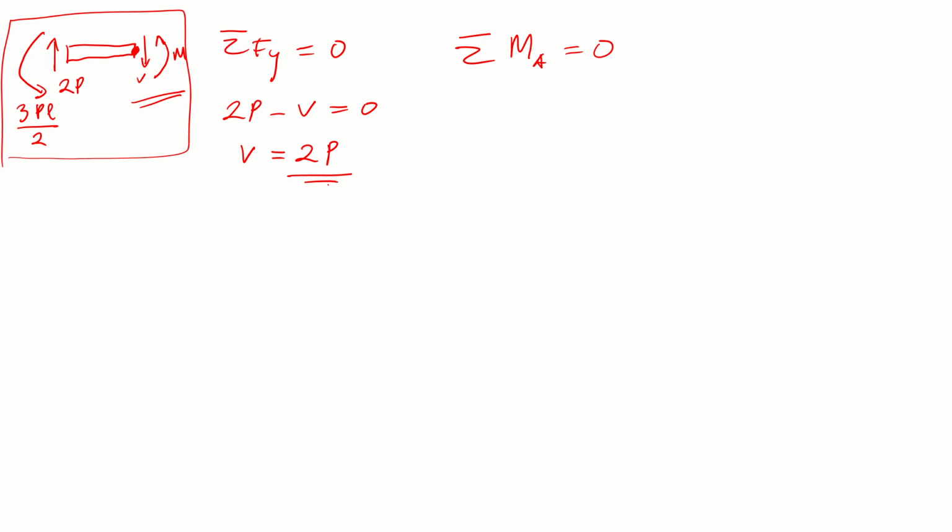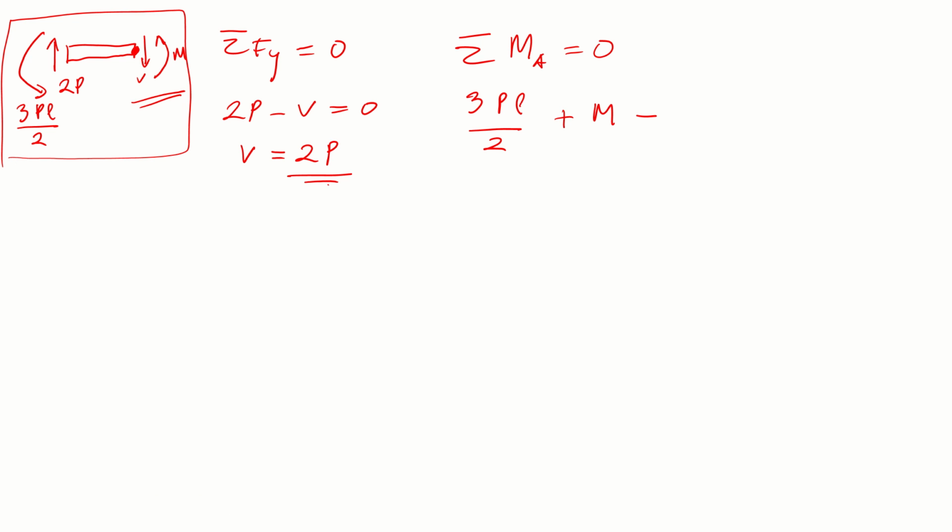What we will have there, if I assume that counterclockwise is positive, is 3PL per 2 plus M minus V multiplied by L per 4.